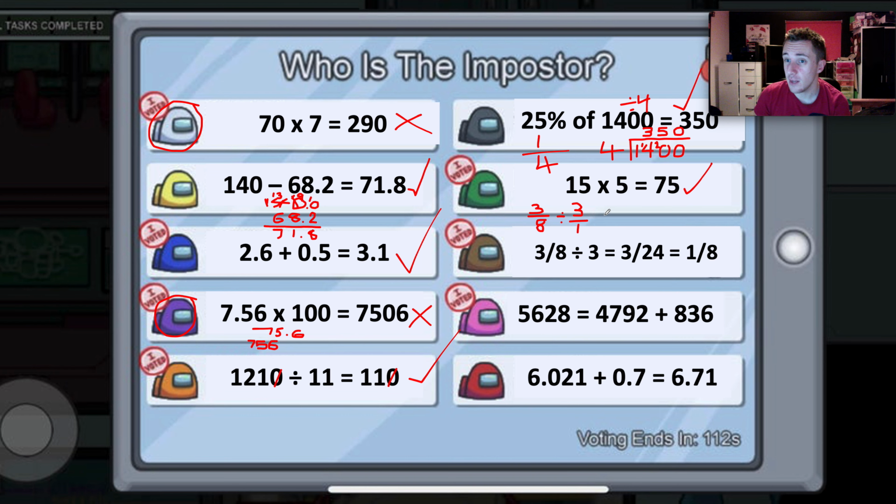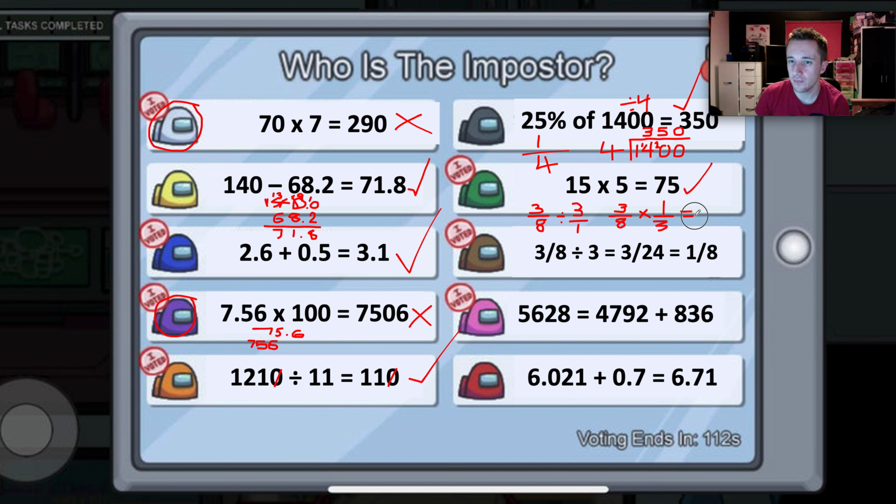I then need to keep, flip, change, because we are dividing. So it's going to be 3/8 still, because we've kept that one. I'm going to flip the symbol and change the fraction by swapping it over.